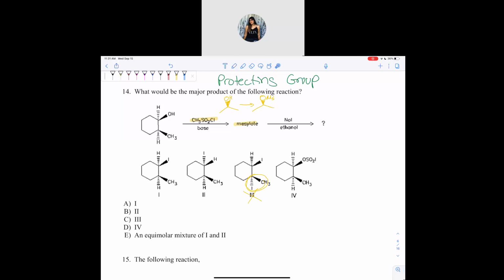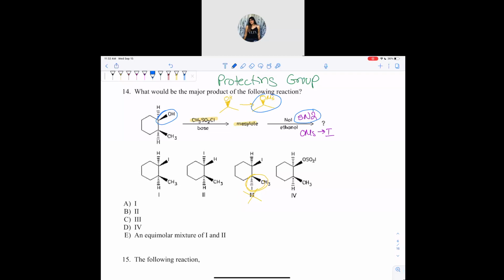All right, next thing. We know that in this second step, NaI is going to be an SN2 reaction where it replaces the OMs with an I. We started out with wedged. Mesylate will leave it wedged, but the SN2 reaction should switch it and make it dashed.